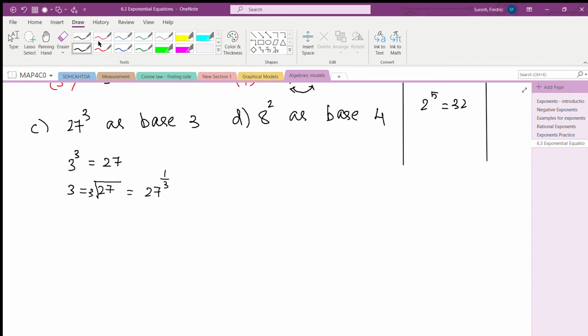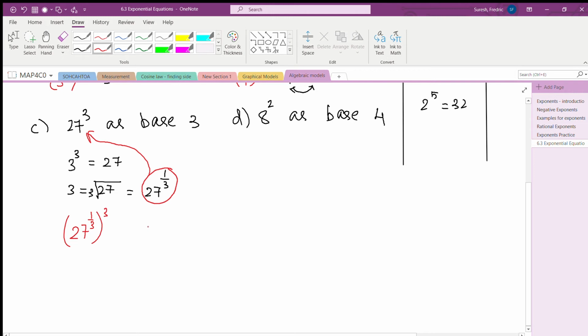So we are going to write it in that form. So take this 27 to the power of 1/3, substitute it right there. You will get 27 to the power of 1/3 to the power of 3. And you're going to get a surprising result, at least in the beginning.